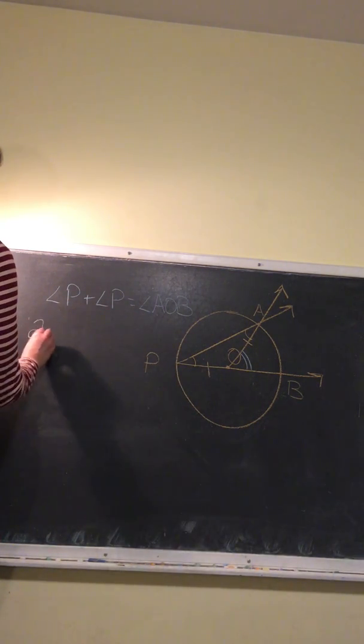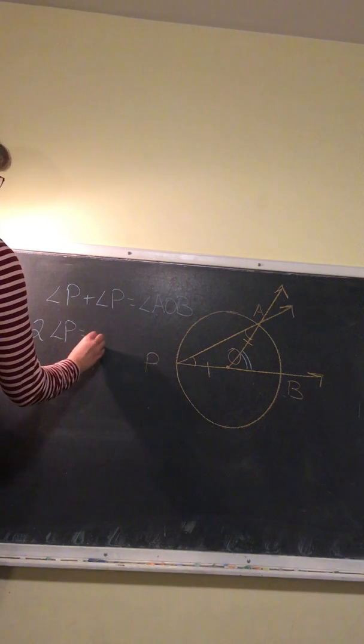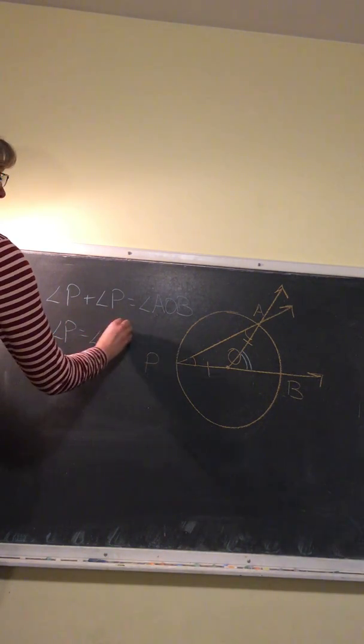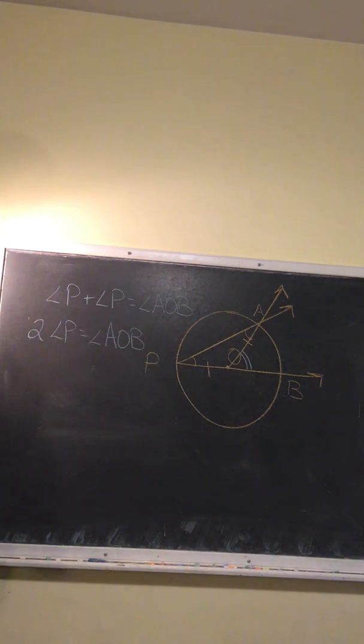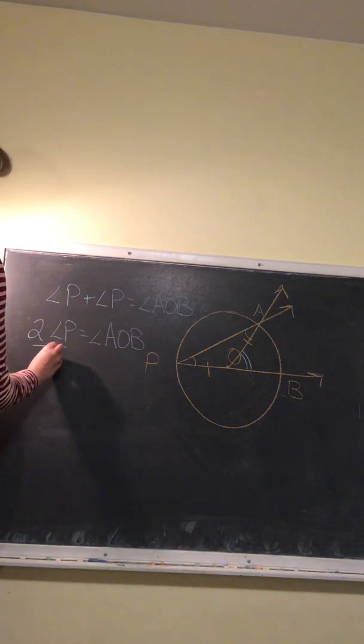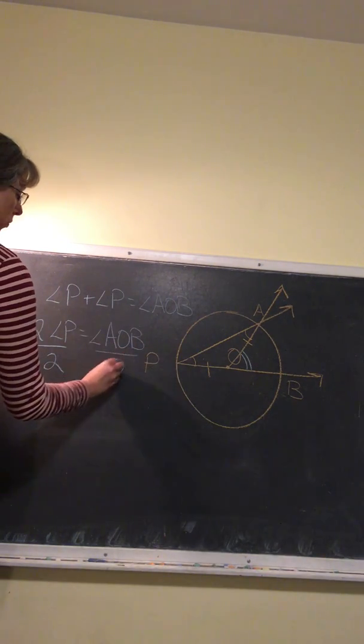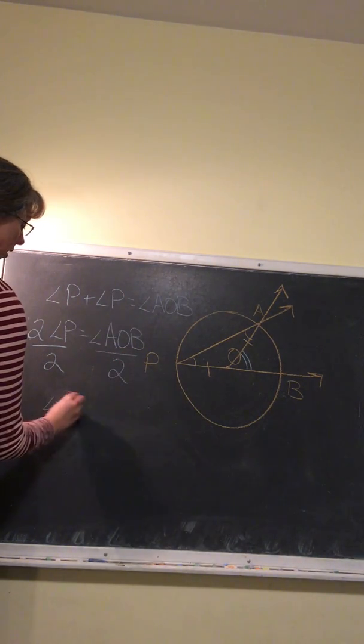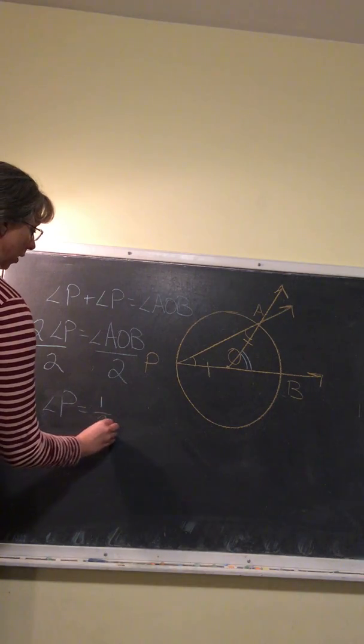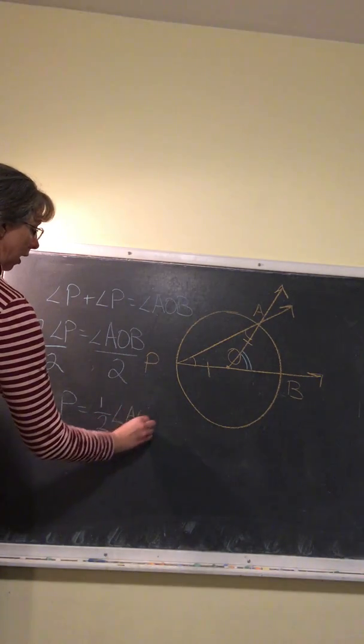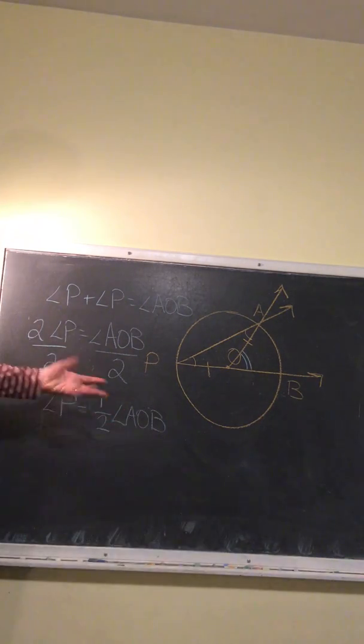So 2 times angle P equals angle AOB. That's part of the same step of substitution. We just combine there. Now if I divide both sides by 2, I have angle P equals 1/2 of angle AOB, or angle AOB divided by 2. And that is simply division.